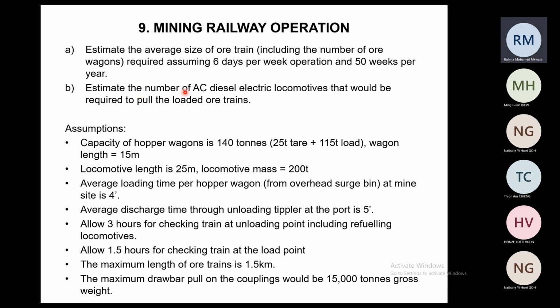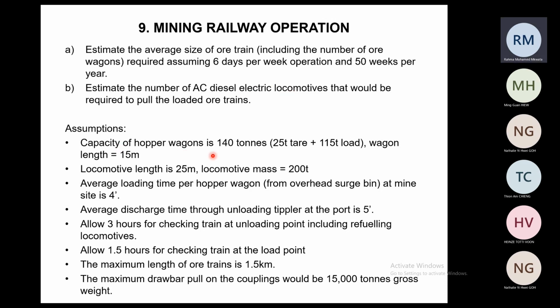And estimate the number of AC diesel electric locomotives that will be required to pull the loaded ore trains. So the first one is to estimate the number of wagons required to move the material. And the second one, how many locomotives, or how many engines, are required to move these wagons.